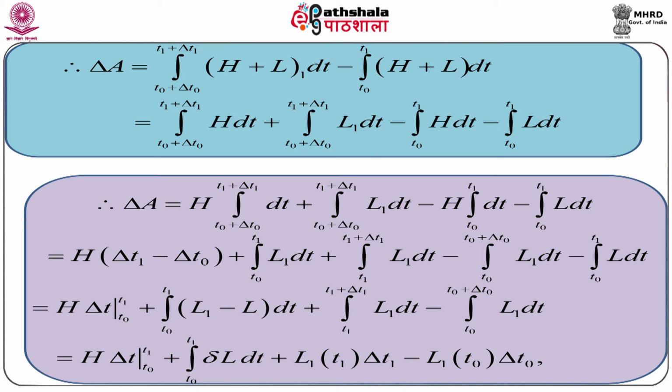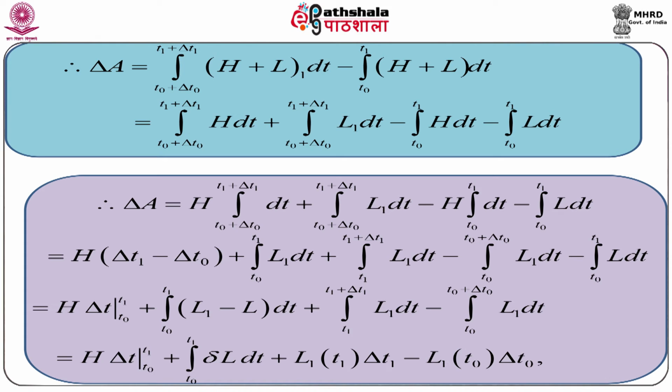Thus, delta A can be written as H integration T0 plus delta T0 to T1 plus delta T1 dt. Since H is independent of the integration, we can write the first term in this way, plus integration T0 plus delta T0 to T1 plus delta T1 L1 dt minus H integration T0 to T1 dt minus integration T0 to T1 L dt.